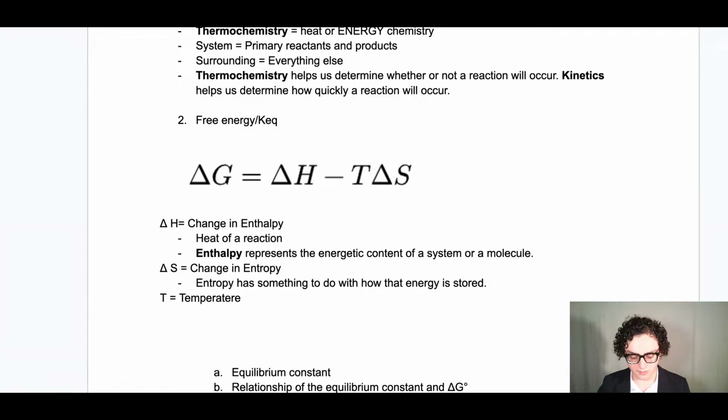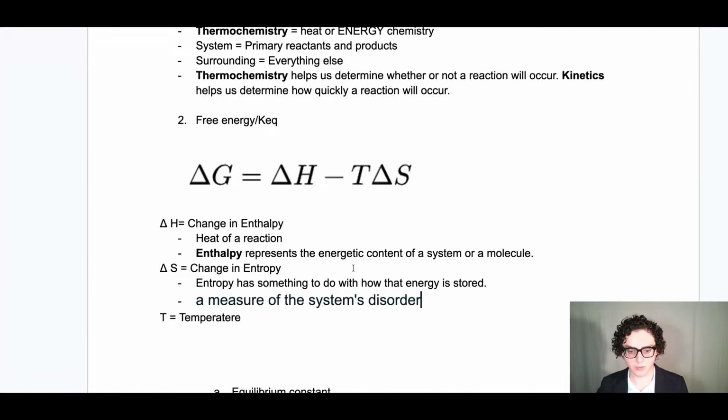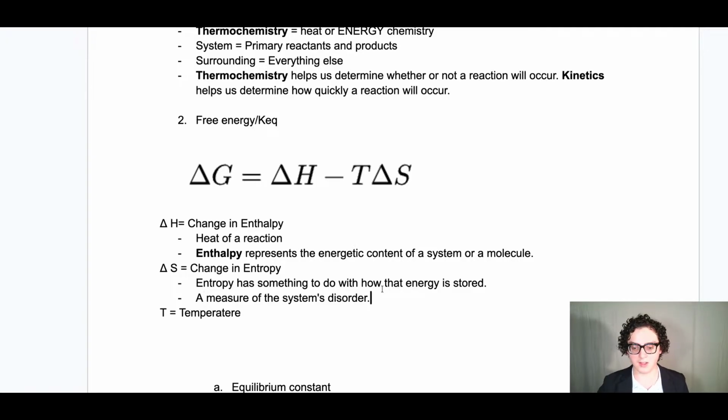I'm going to Google another definition of entropy. Here's the Merriam-Webster definition, part of which I want to emphasize in this lesson because it's important to understanding how to solve the problems based on this equation.